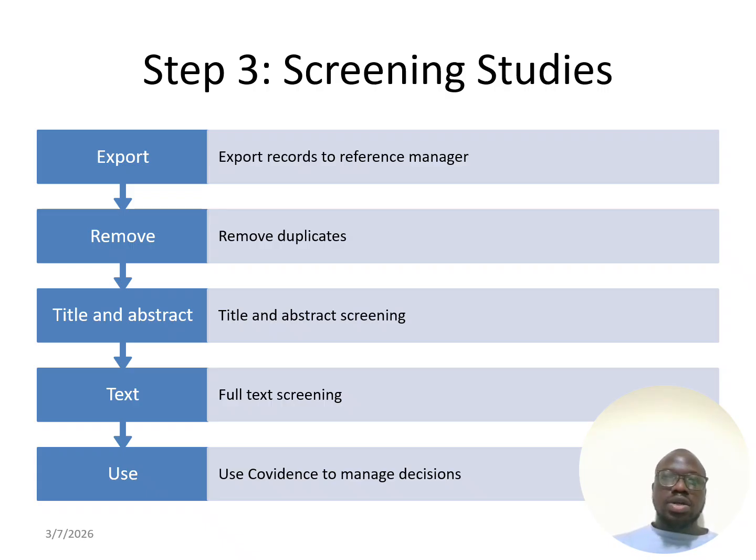Now the screening is done in stages. So please pay attention here. The stage one of the screening, after importing, you're going to look through the title and the abstract. By just merely looking at the title and abstract of an article, you can determine whether it meets your criteria or it doesn't.